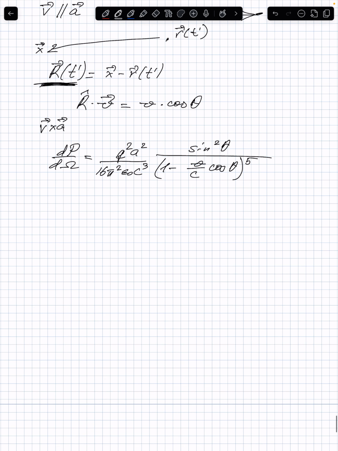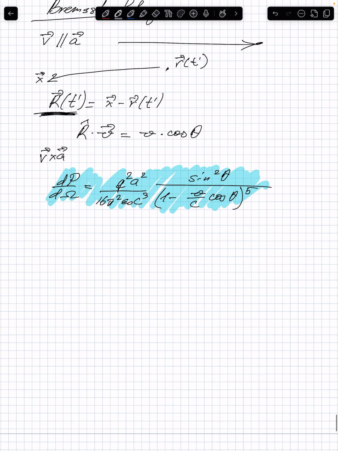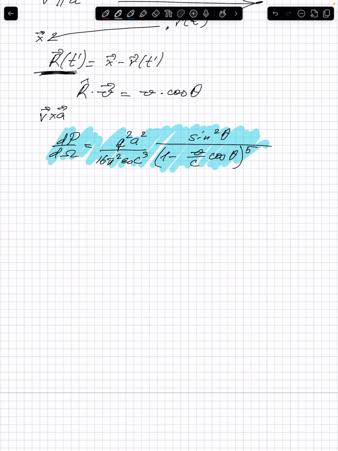Let's just analyze this equation a little bit for the angular dependence of the Bremsstrahlung radiation. In this expression, if we consider v to be much smaller than c, then the denominator will significantly simplify, and we will just get sine squared theta angular dependence.